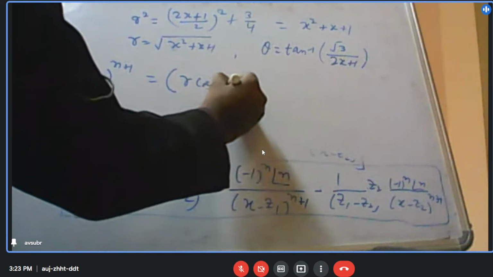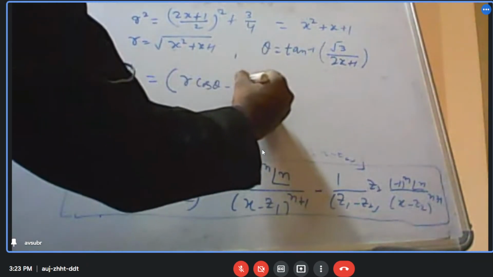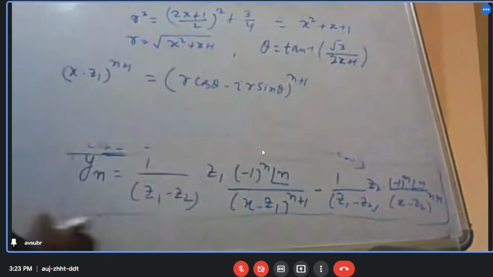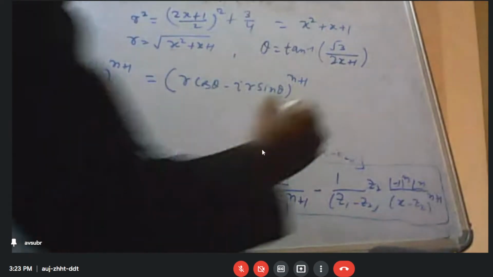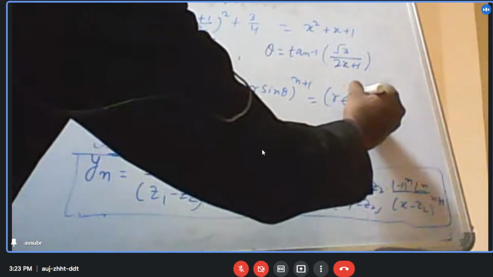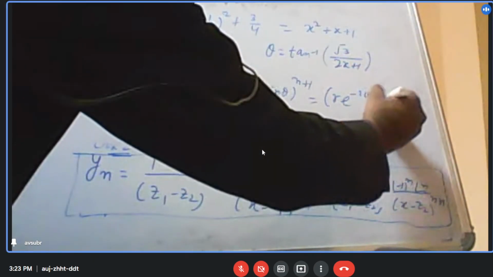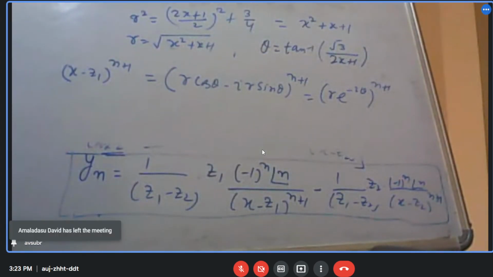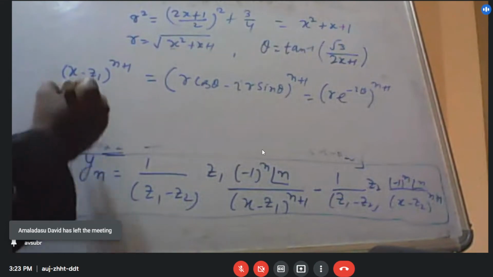R cos theta minus i r sin theta to the power n plus 1. That can be written as r e to the power minus i theta to the power n plus 1. Can I write it like this? Yes, sir. All right.